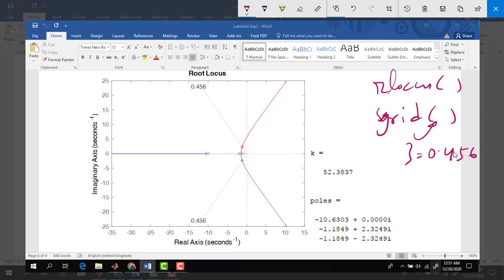Let's analyze this root locus first. There are 3 poles at minus 1, minus 2 and minus 10, and these are our 3 branches of the root locus, and this is the sgrid line. We will need to place our cursor at the intersection of these two lines.